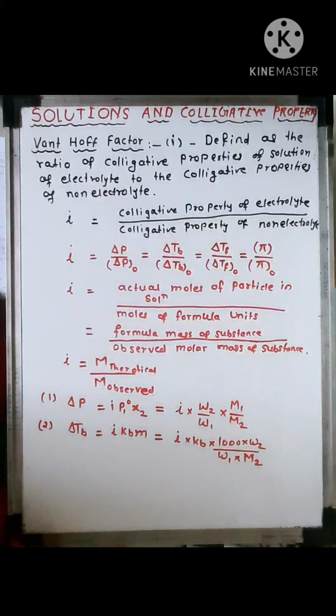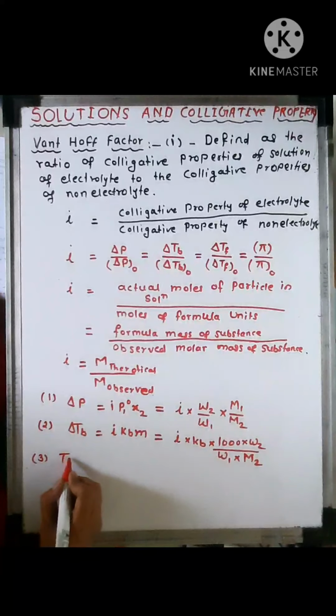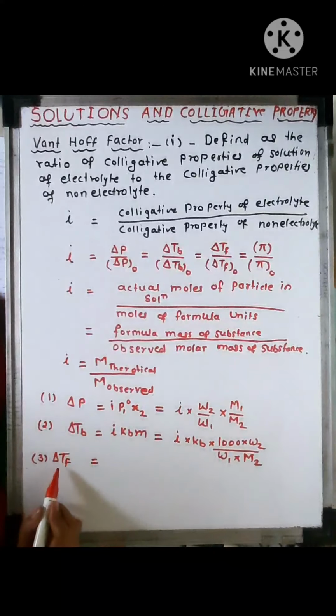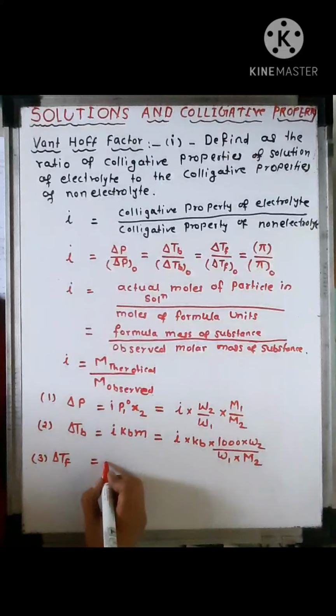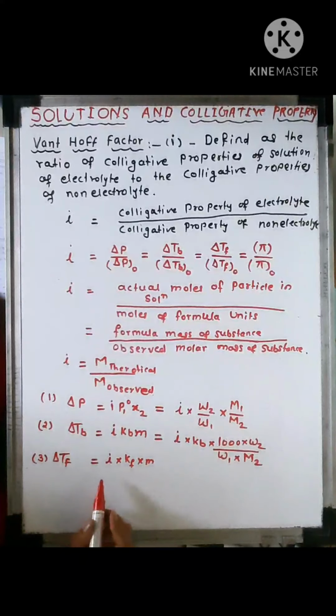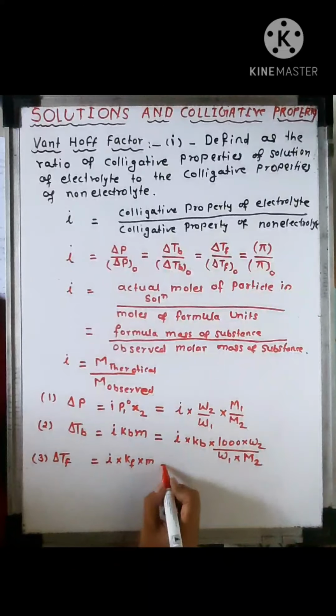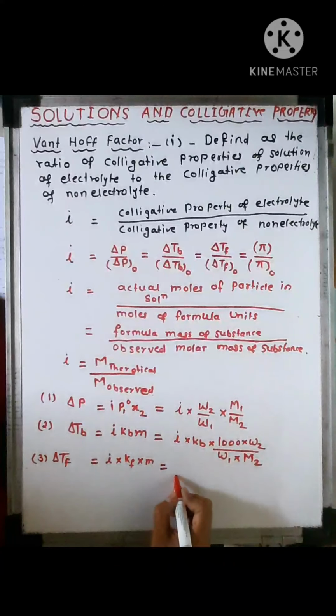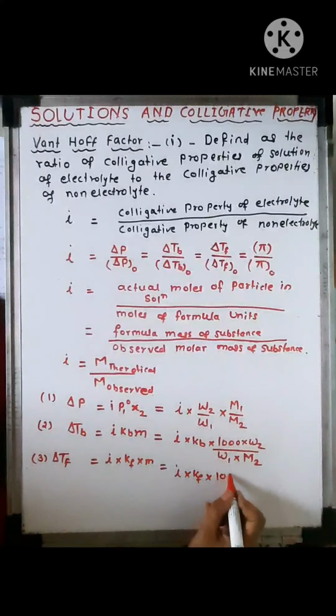Then third modification is delta TF. Delta TF is equal to I into Kf into M, where Kf is cryoscopic constant, I is Van 't Hoff factor, and M is molality. So I into Kf into 1000 into W2 upon W1 into M2.